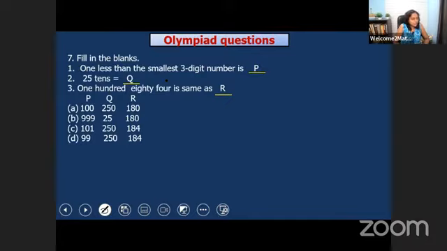Here our question is, 1 less than the smallest 3-digit number is P, and then 25 tens is equal to Q, and then 184 is the same as R. So first we have to find this out, and then we can check which would be the right option, because there are 4 options here.